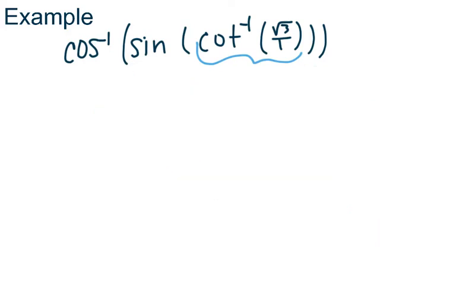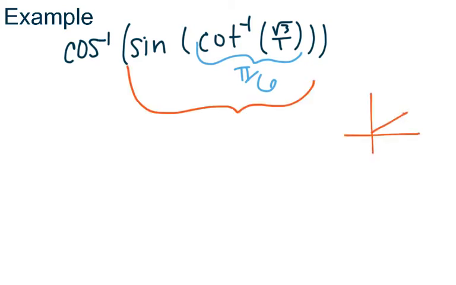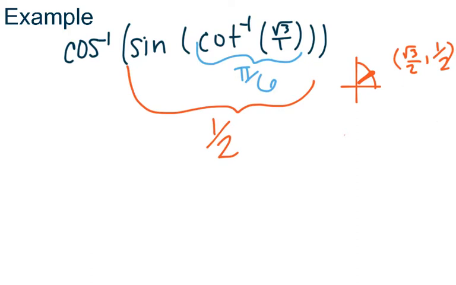So I can literally just substitute in pi over 6 right here. Now I'm looking for sine of pi over 6. Well, sine of pi over 6 is something that we know. It's this y-coordinate here, so it's 1/2. Since the sine of pi over 6 is 1/2, I can substitute that in. And now I'm looking for the cosine inverse of 1/2.